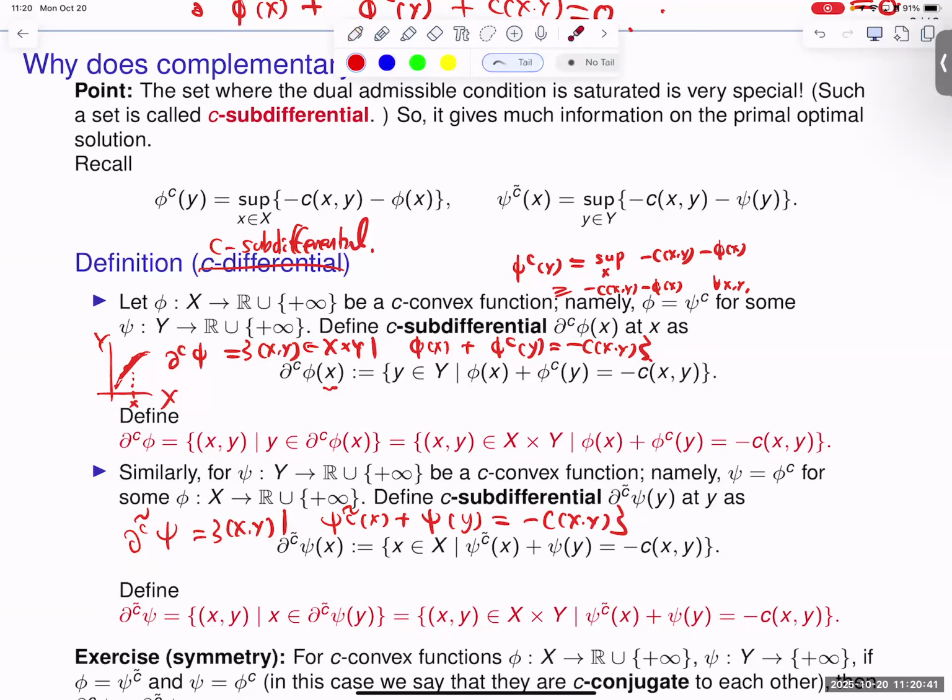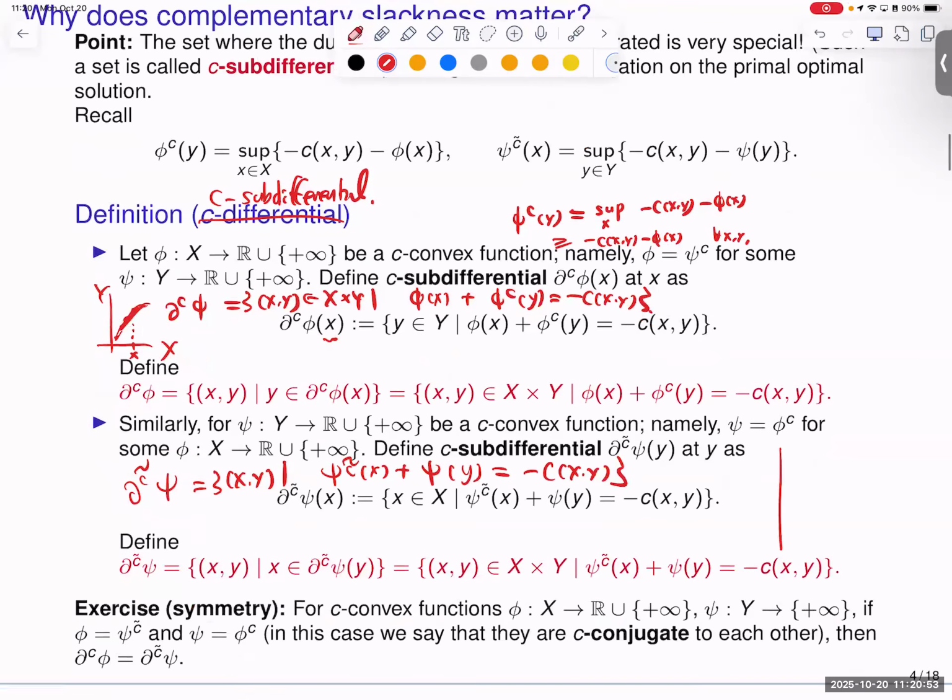So you always have this inequality, but the C subdifferential is exactly the set of points where you have equality there.